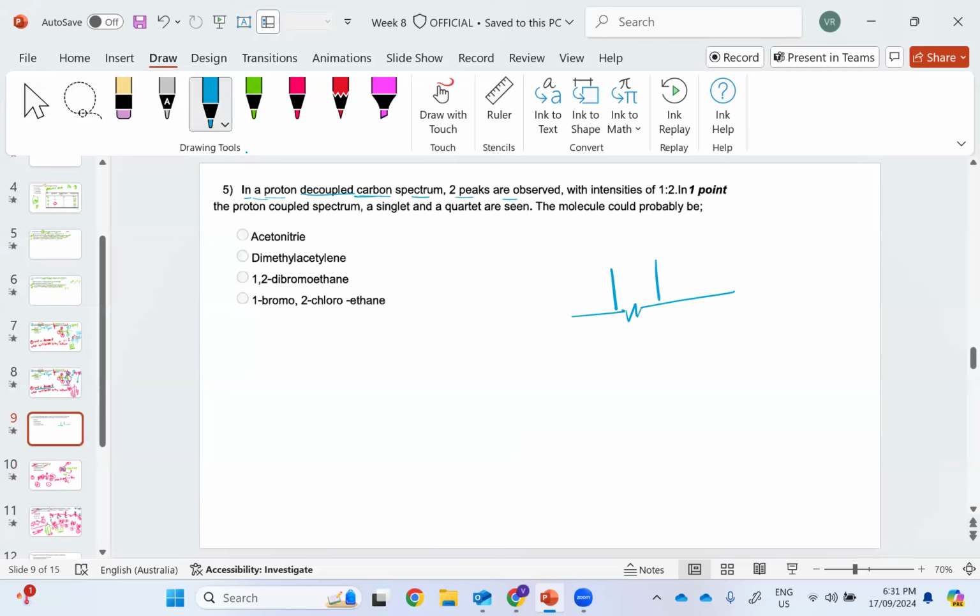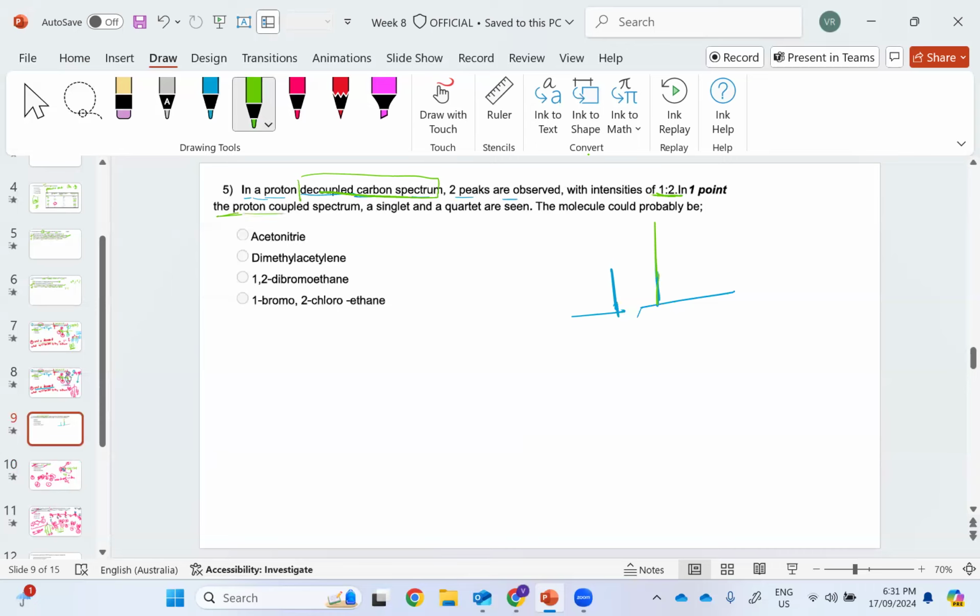So one peak is here, one peak is here, and the intensity is 1:2, so one has a higher intensity compared to the other, about 2 times. The question itself mentions the decoupled carbon spectrum, right?